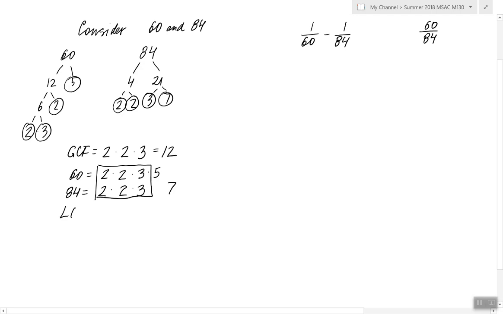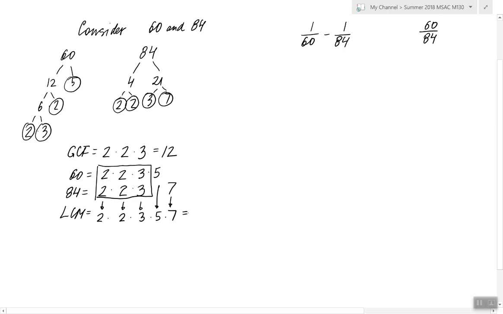Now, how do we find LCM? Well, LCM, it's the least common multiple. So it's the number that has the factors of both 60 and 84. So it means all of these numbers are part of LCM. So if you want to find LCM, you have to multiply 2 by 2 by 3 by 5 by 7.